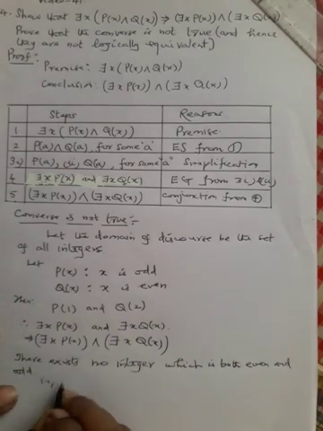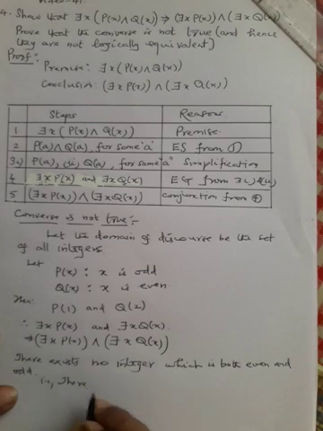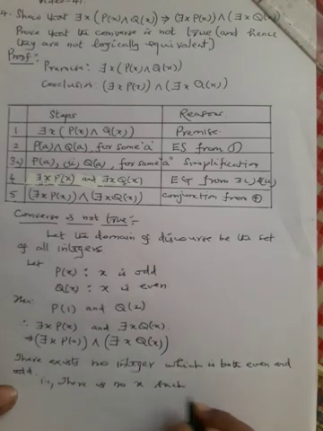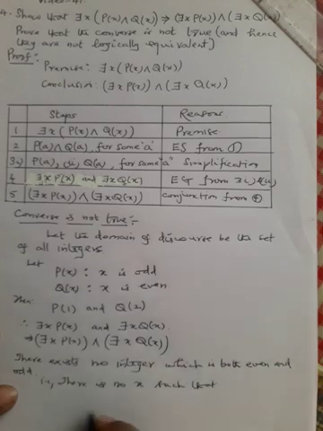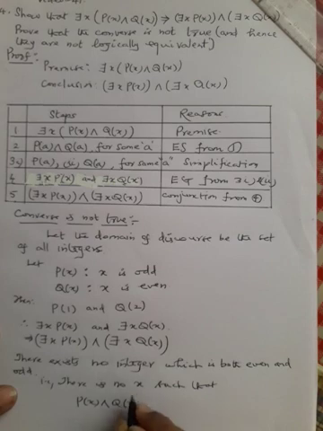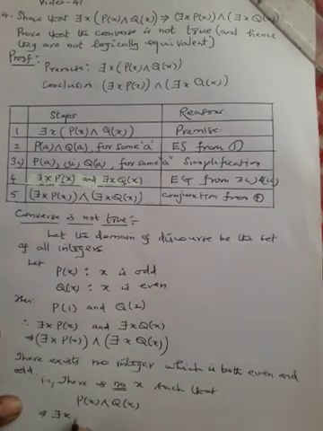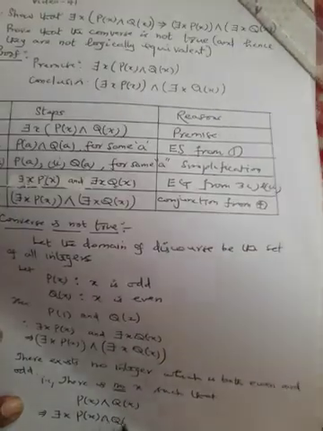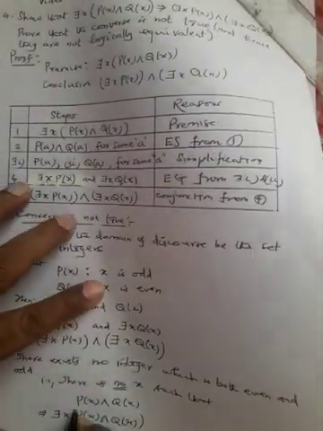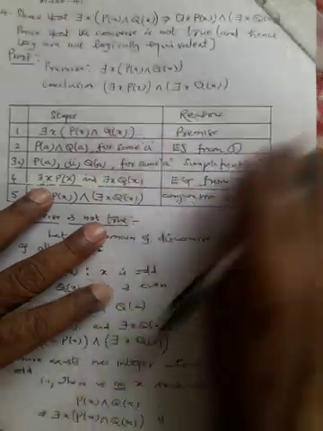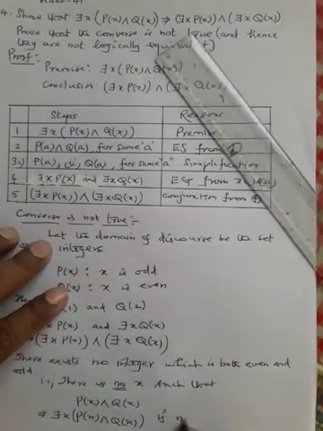That is, there is no x such that P of x and Q of x, the same x satisfying both, is not possible. Which implies that there exists x, P of x and Q of x, that x is a common integer, is not true.